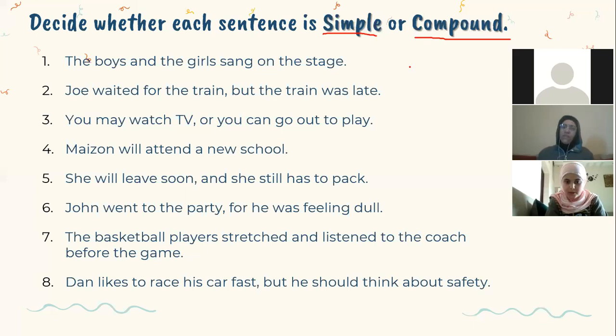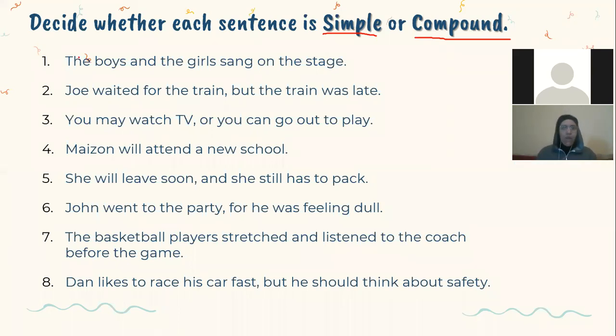I have to tell if the sentence is simple or compound. The boys and the girls sang on the stage. Is it a simple sentence or a compound sentence? I mean, is it made up of one independent clause or two independent clauses?